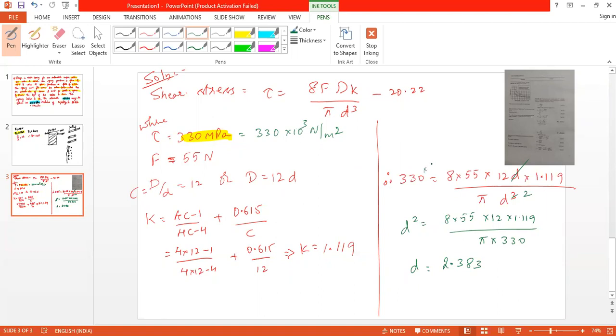So do I need to multiply by 10 power 3 here? Yes, sir. So if I multiply by 10 power 3, what happens to the answer?